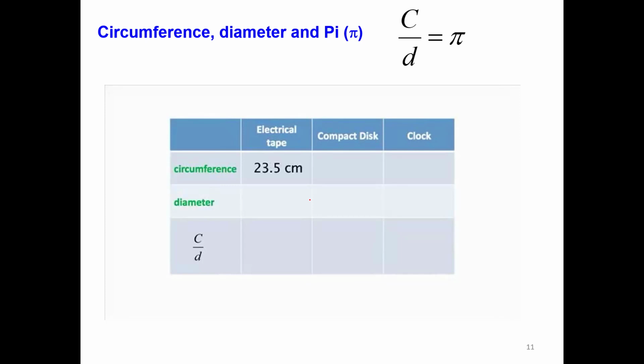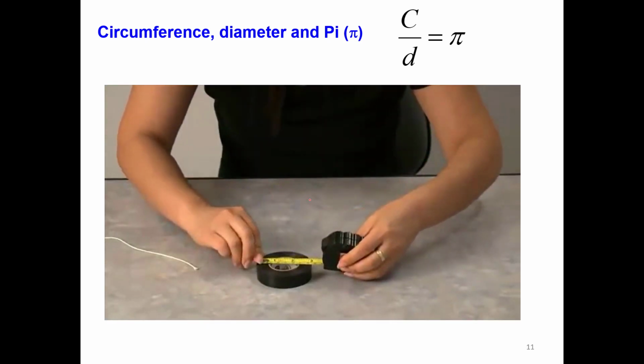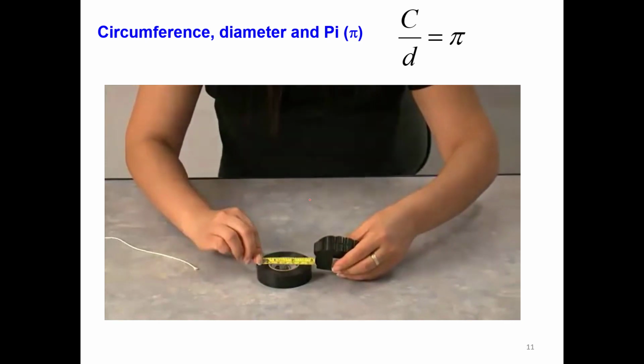Record all the measurements on the chart. Use a measuring tape or ruler to measure the diameter of each object.